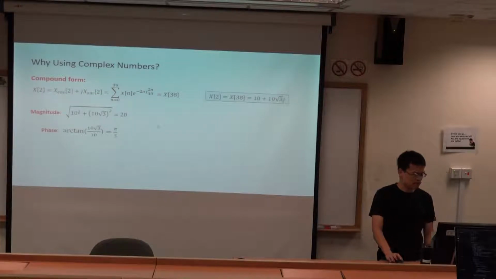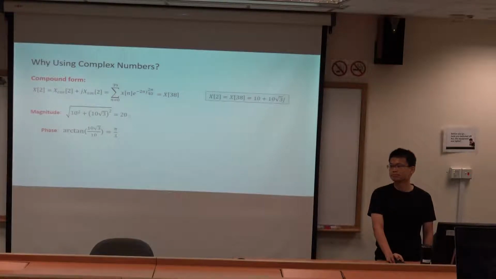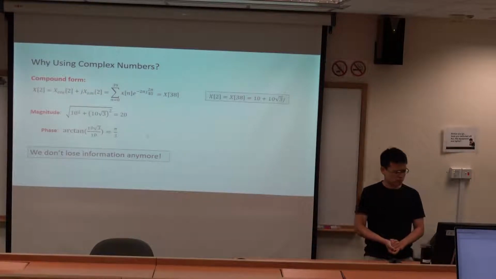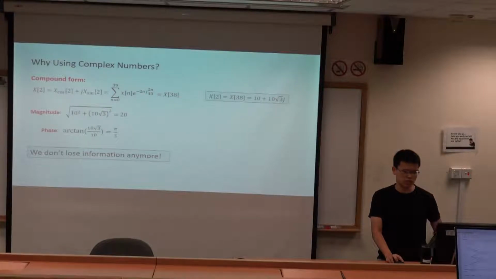If we calculate the magnitude and phase of this complex number, we get exactly the previous result, 20. And if you remember, pi/3 is exactly the phase we are expecting. So now we don't lose any information anymore. We can reconstruct the original signal with this complex number.